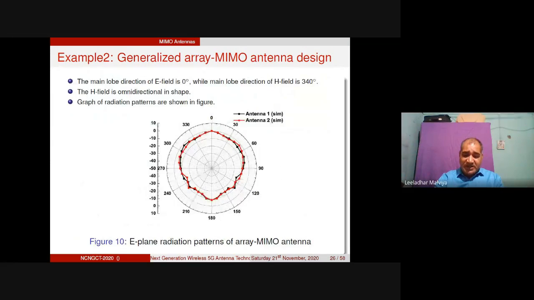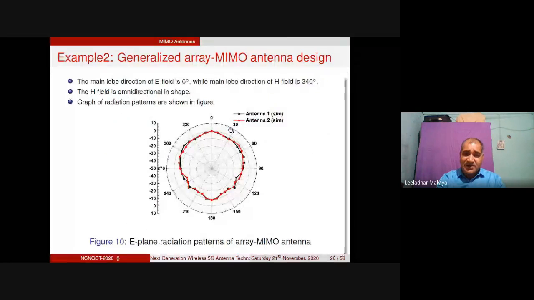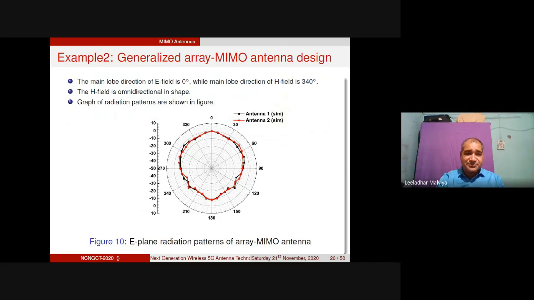Presently this is not able to show the beamforming because both the radiators are resonating at the same angle, right? That's why the adjustment of the phases is required here in example 2 on slide number 25, so that you can get the plus minus 45 degree coverage of two directions or plus minus 10 degree coverage of two directions, right?